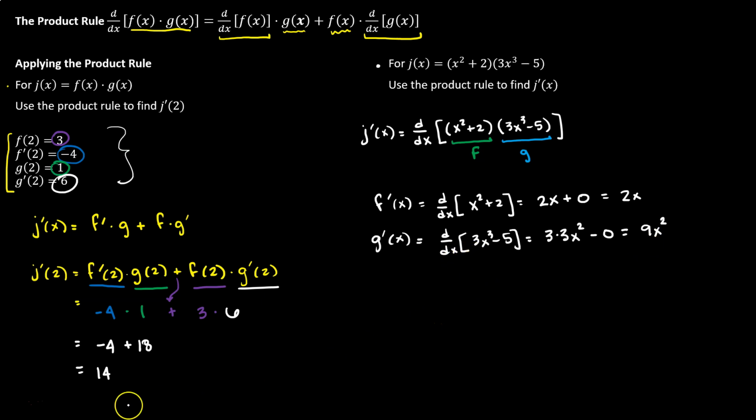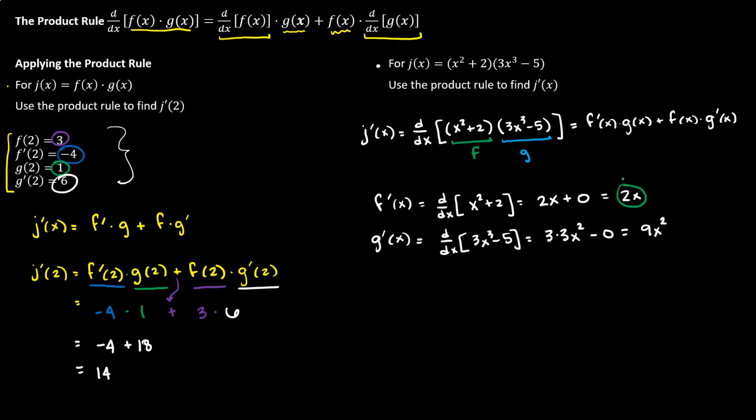So that's awesome. Now our last step is we know we're taking the derivative of this product, which according to the product rule would look like f prime times g plus f times g prime. Now we just found f prime and g prime.